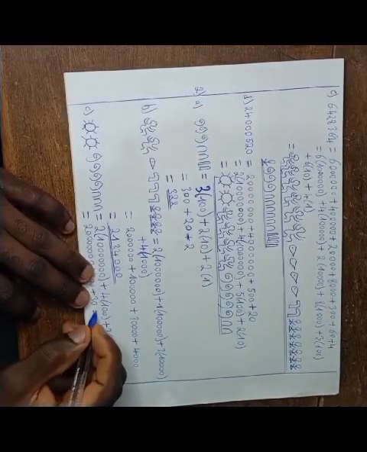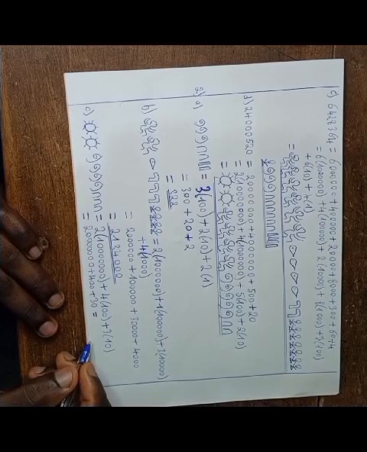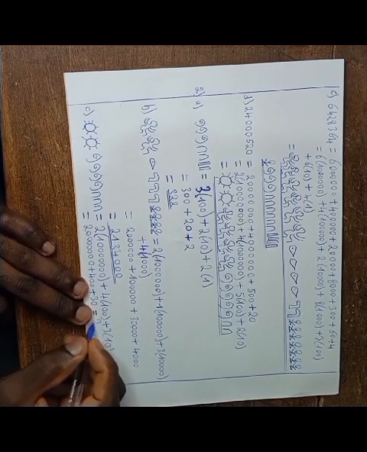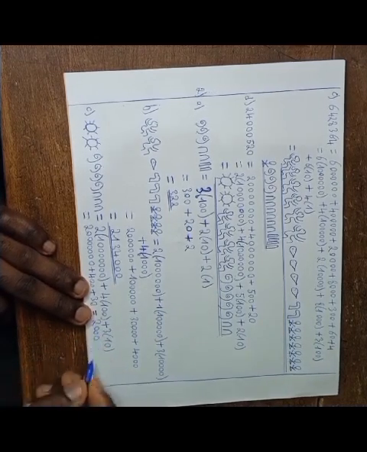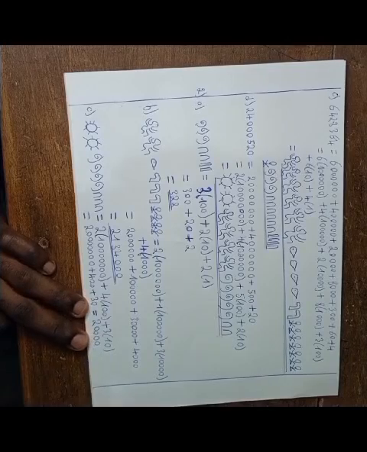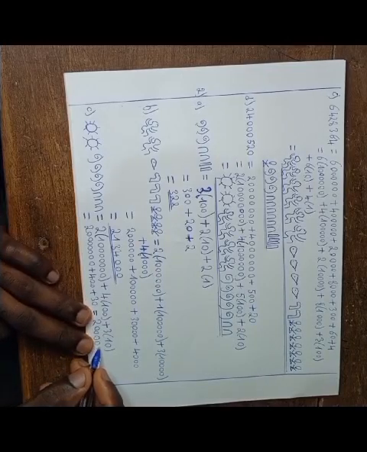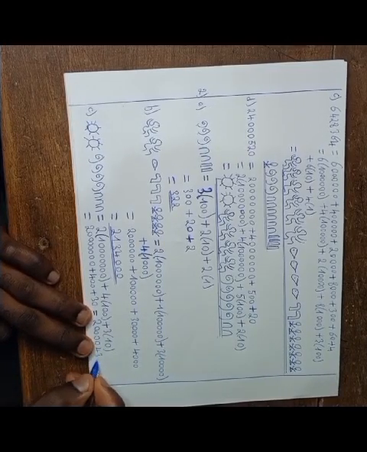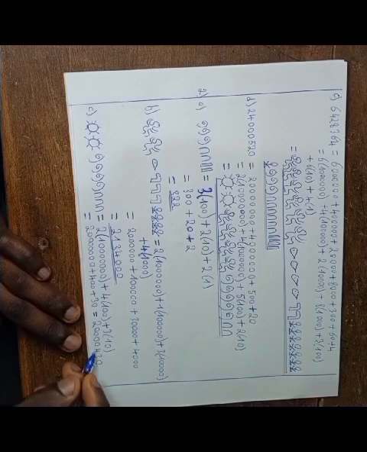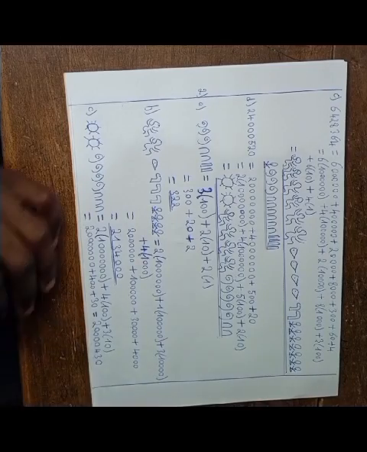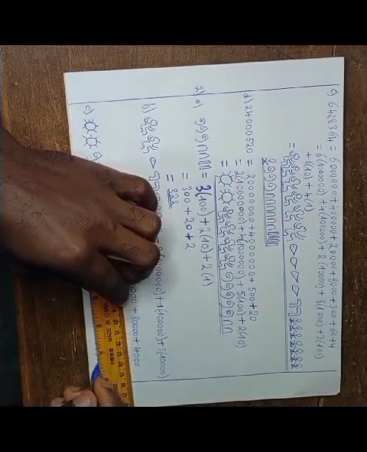We perform the addition, it will simply give us 20,000,430. So this will be the answer.